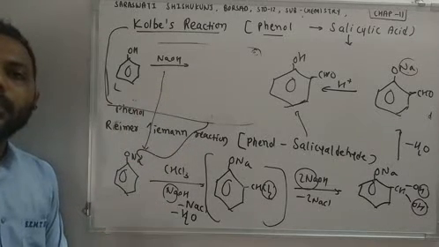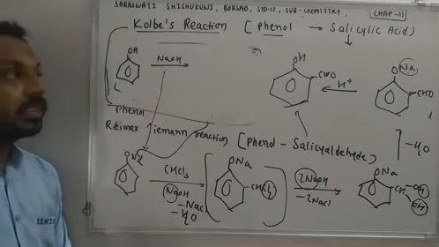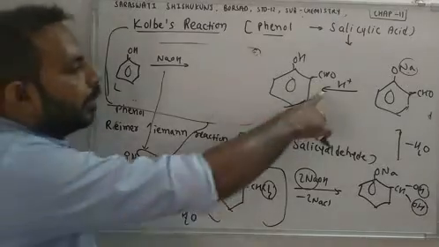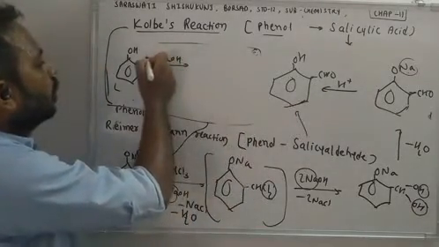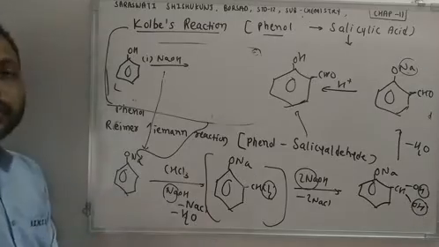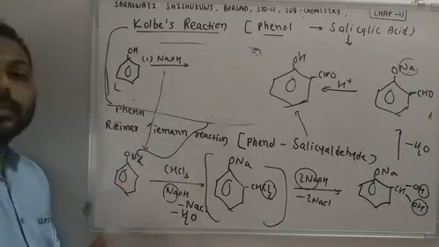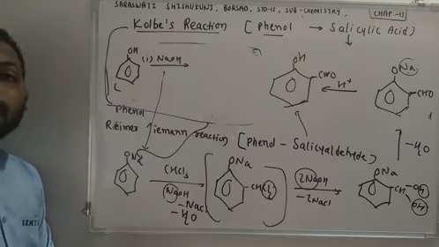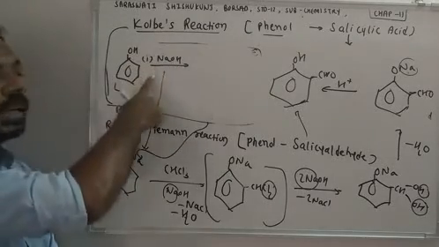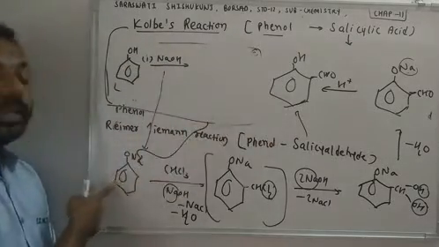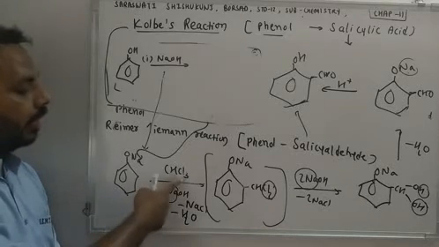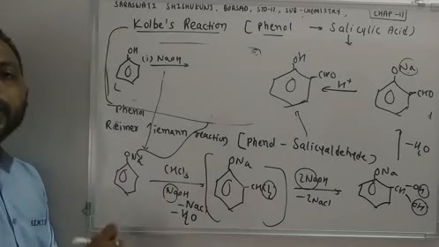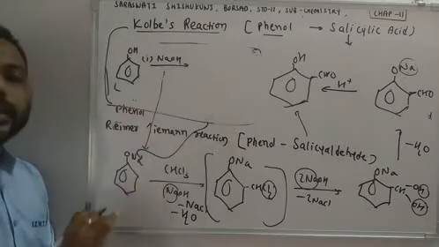So the first step is common. The last step is also common: acidification. So the first step is common for both reactions and the last step is also common. But in the second step, in Kolbe's reaction we are adding CO2, whereas in the Reimer-Tiemann reaction we are adding chloroform. So the only difference is the addition of CO2 and the addition of chloroform.